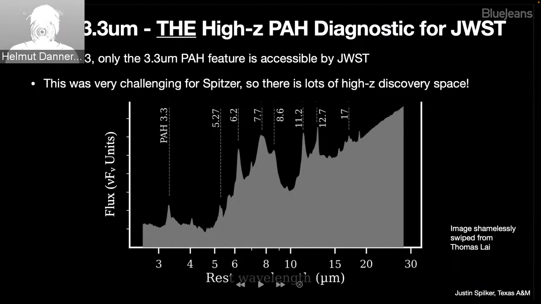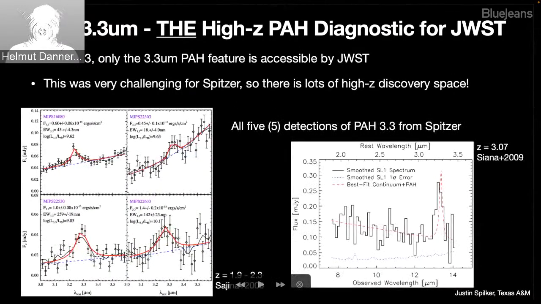This feature in particular is the shortest wavelength PAH feature, so it's the one that you can get to at the highest redshifts. It also arises from the very smallest PAHs. These are the things that have, quote unquote, only 50 carbon atoms on them. So there's a lot of room here to learn about PAHs at early times. This was basically the summary of where we stood in the pre-Webb days.